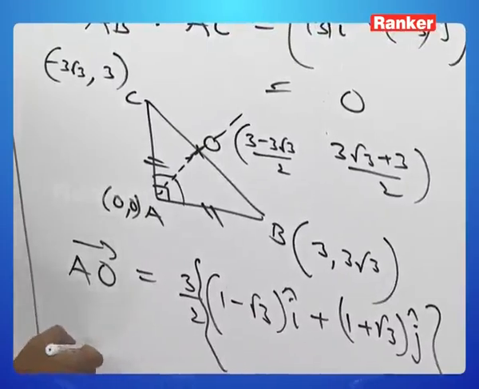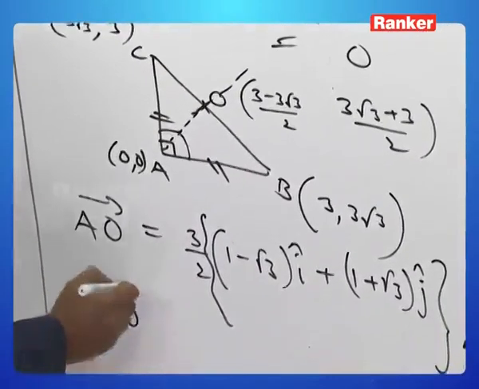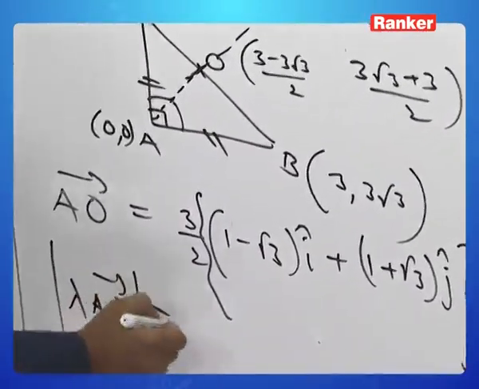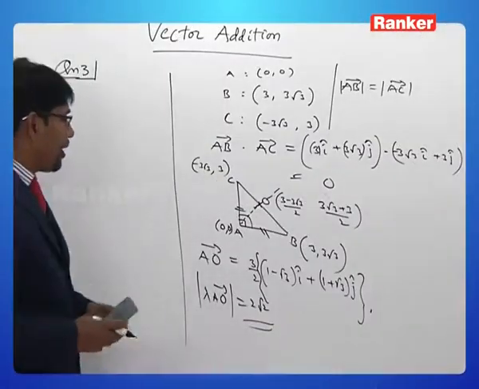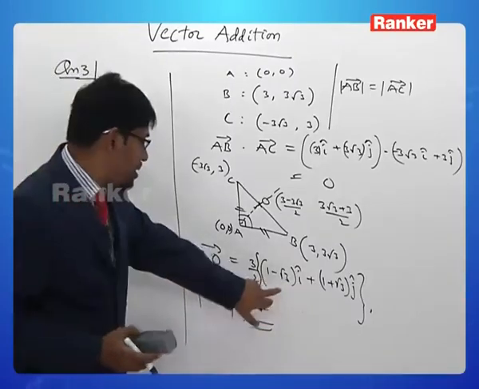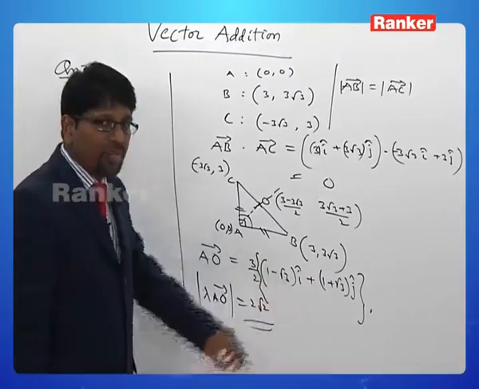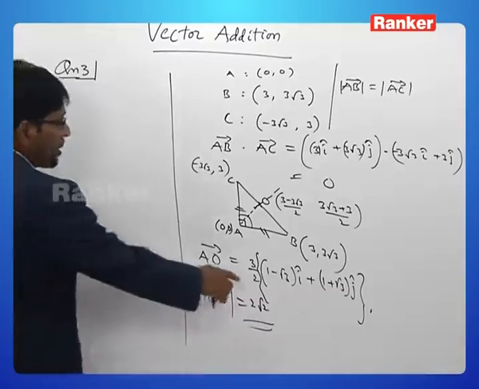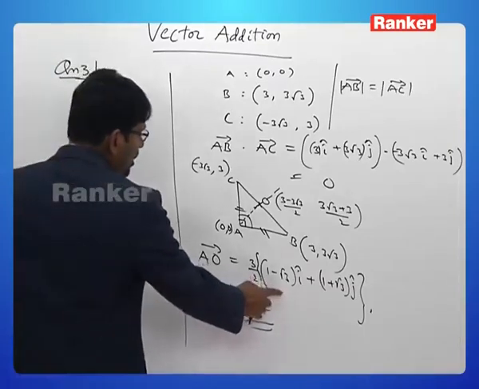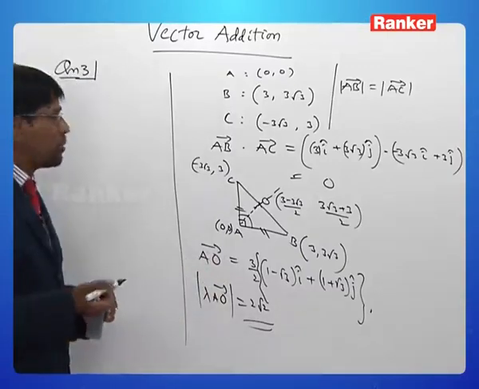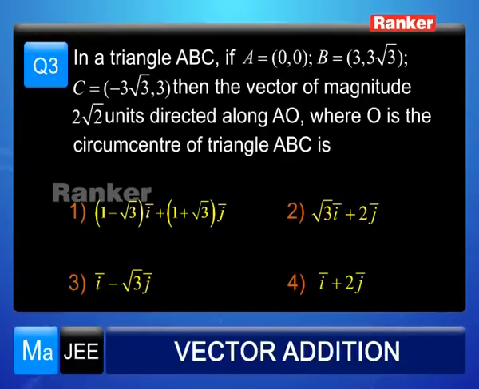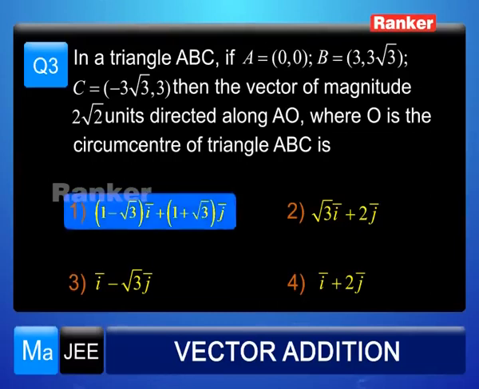So it has to be lambda times AO, and the magnitude of that lambda times AO should be equal to 2 root 2. Clearly we can observe that the only option is the first option. First option tells us it is a vector along AO, and clearly its magnitude is equal to 2 root 2. So we can go for the first option. Option 1 is the right answer.